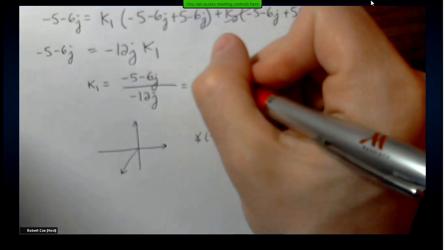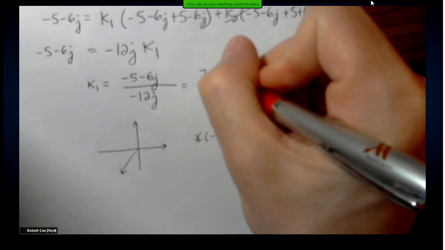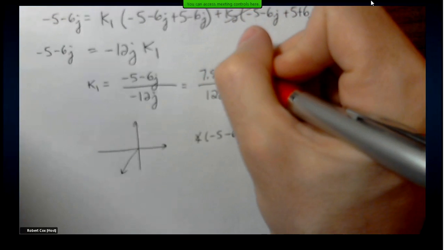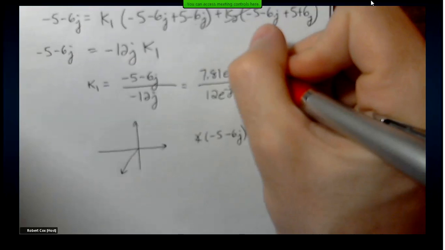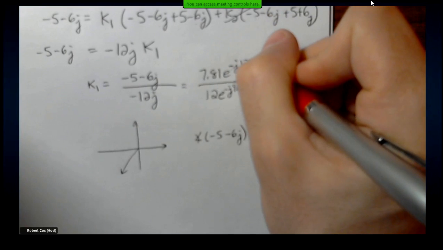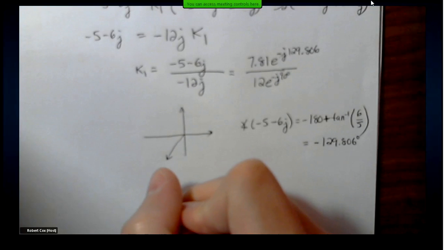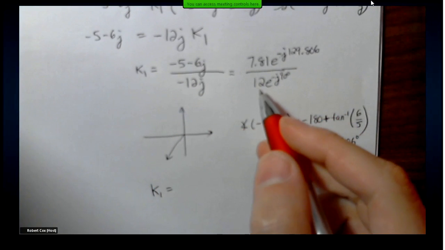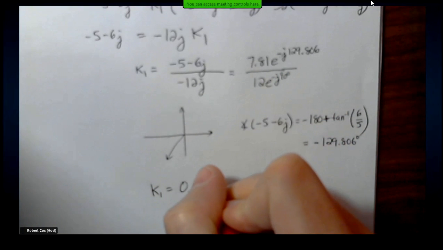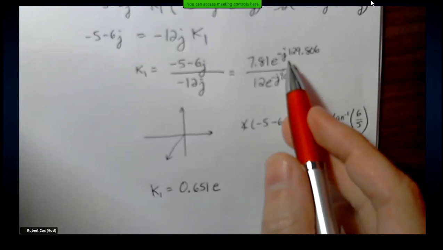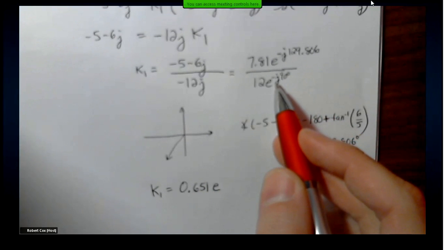So the magnitude would end up being the same on top, 7.81 e to the minus j 129.806. Okay, so what does K1 become? 7.81 divided by 12, we said was 0.651. I got 129 minus 90.